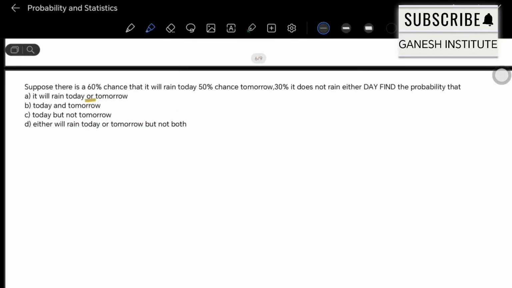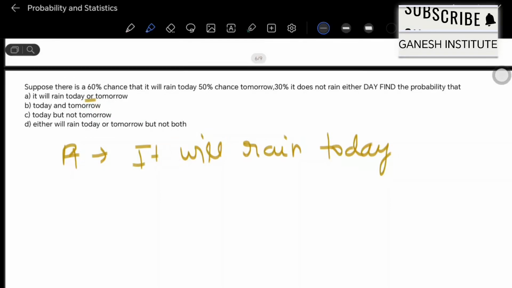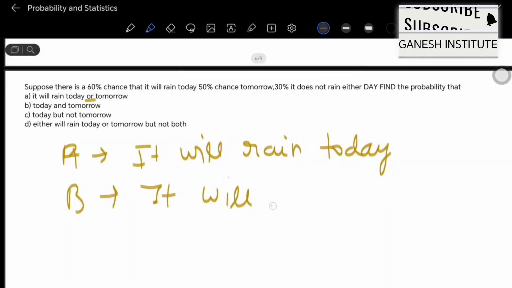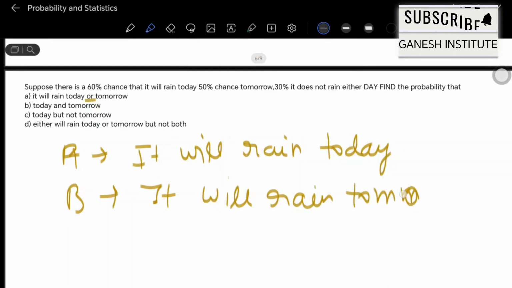First up, let's suppose what all the events are. I'm assuming that A is the event that it will rain today. Then I'm assuming B as it will rain tomorrow. These are the only two events we are having.